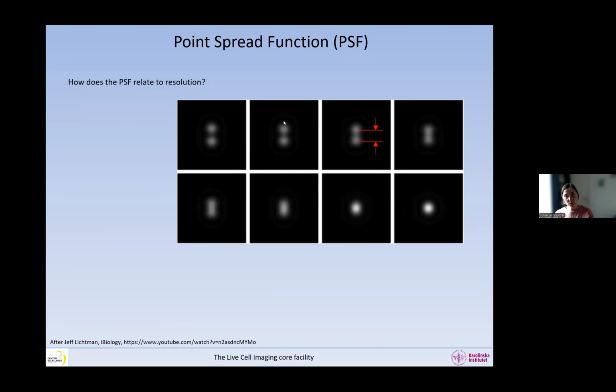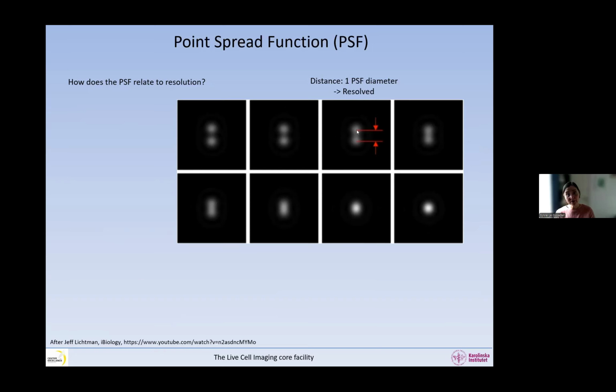And then as the spots come closer to each other in our sample, the two main lobes come closer to each other. If the two point spread function main lobes have a distance of one diameter of the main lobe between them, we can still resolve them.